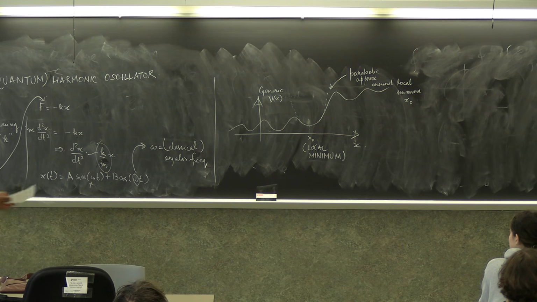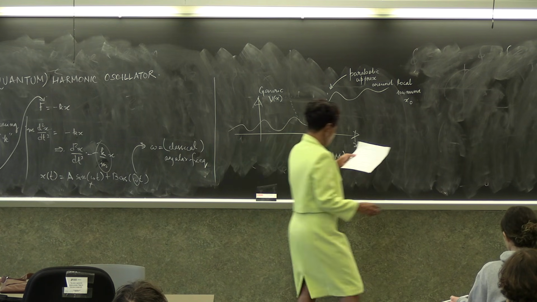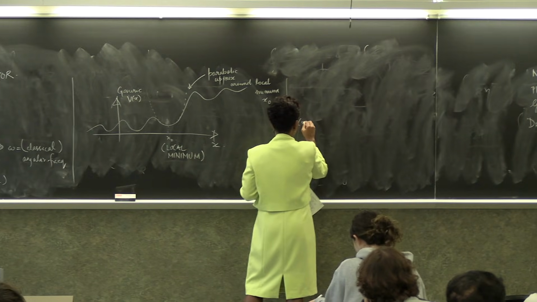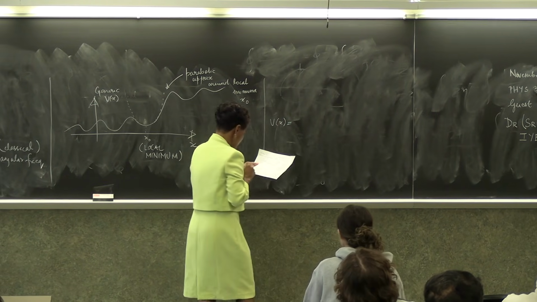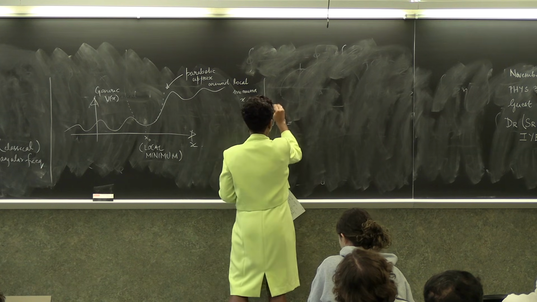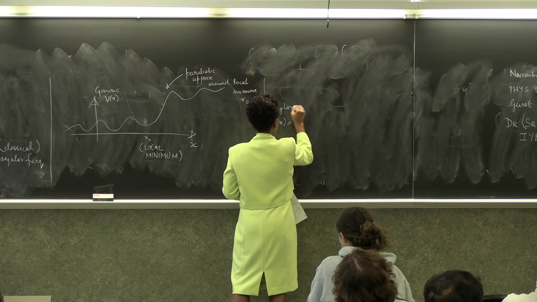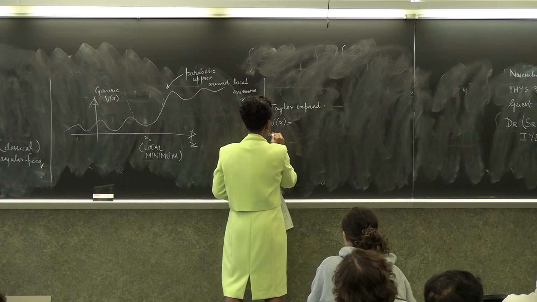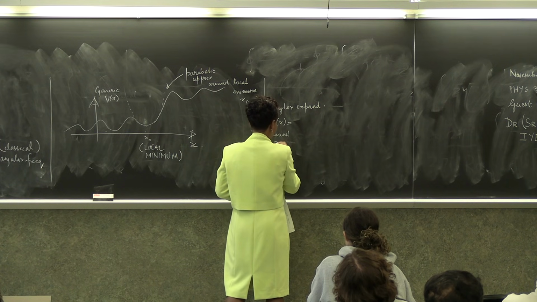Why are we considering the parabolic approximation? Well, for those of you who like to think in terms of algebra rather than pictures, let's Taylor expand V of x around x naught, the local minimum.